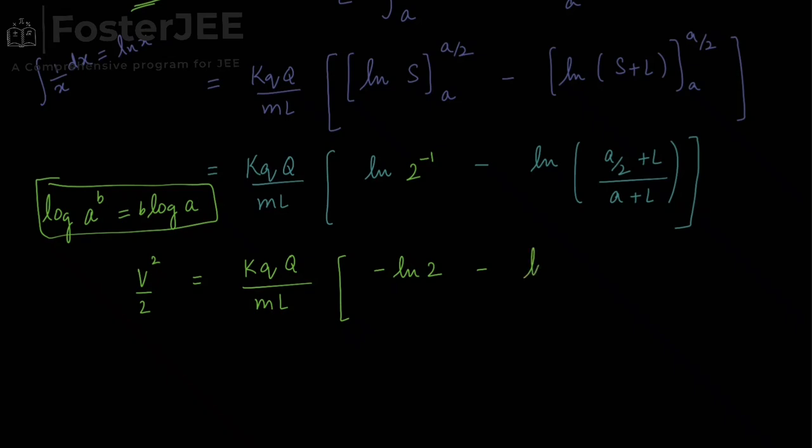Minus, this can be written as ln of a plus 2l upon 2 times a plus l.